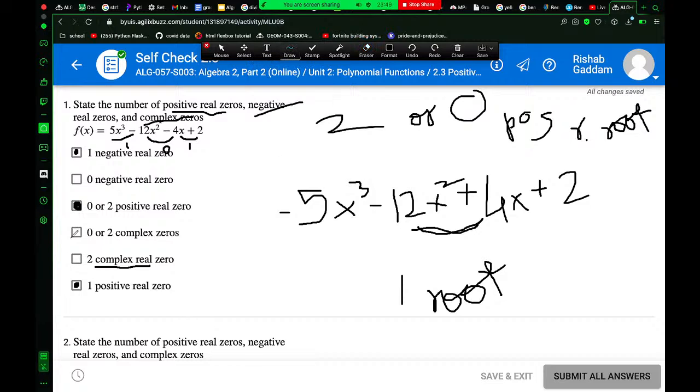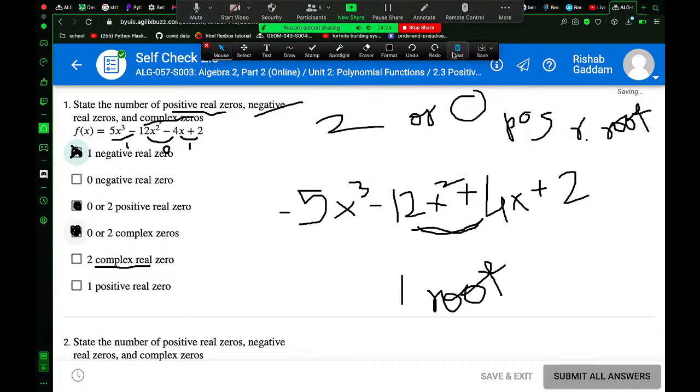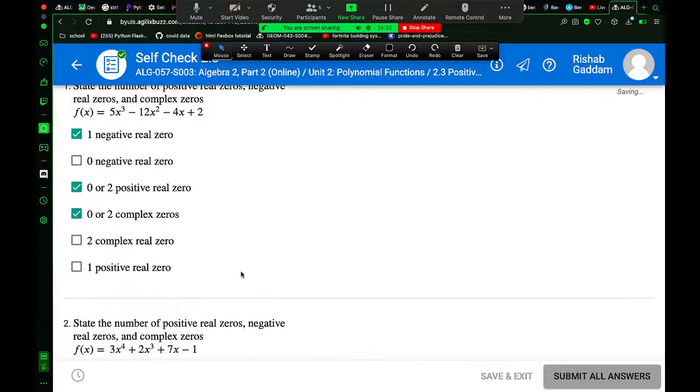And then there is 0 or 2 positive real zeros, and you have 1 negative real zero. So yeah, that's the answer. Basically, I got 2 out of 3 or something. Okay, so let's pick those answers, that one, and that one. Clear the screen, and let's move on to the next question.